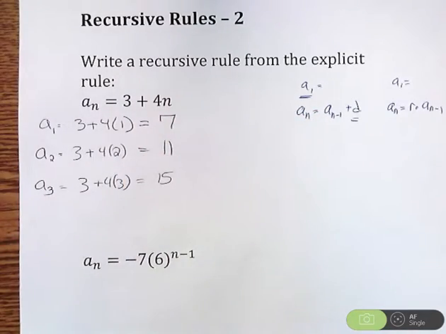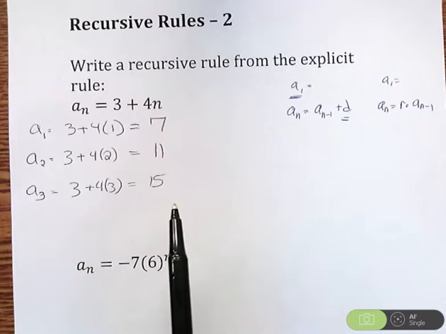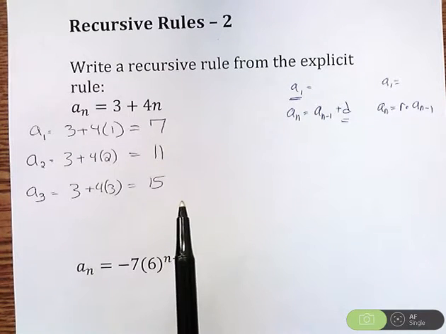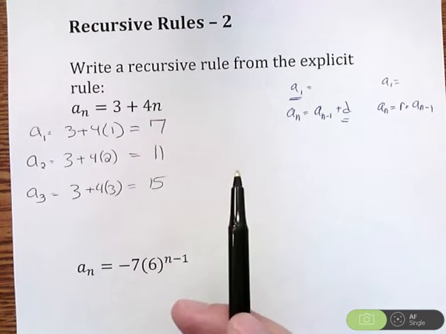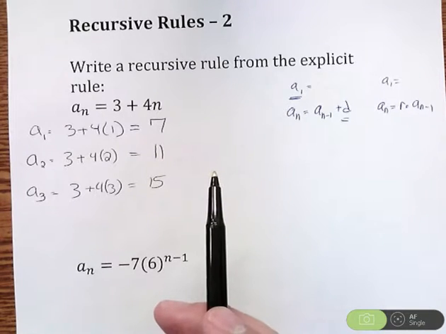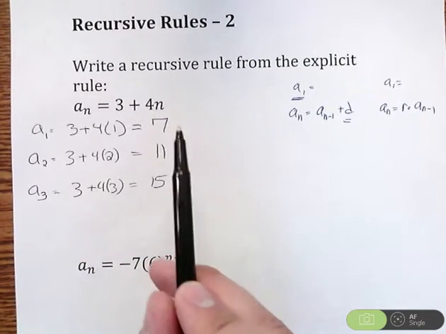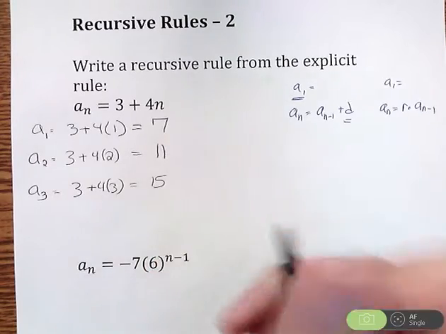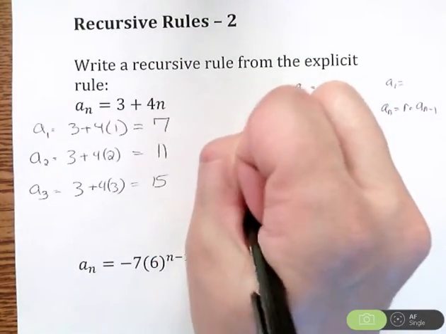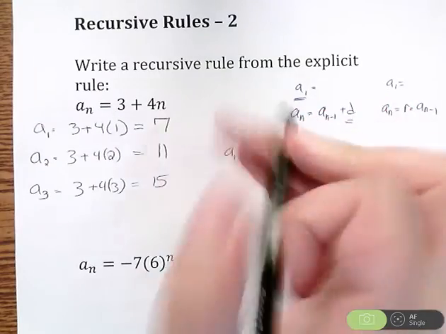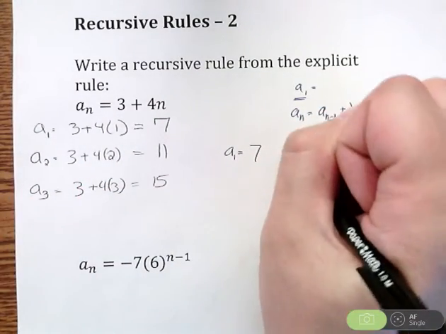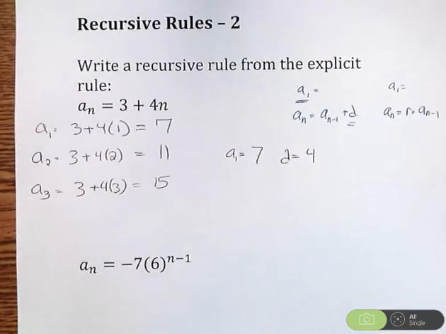Looking at those first few terms, I go from 7 to 11 to 15. So I can get a sense of arithmetic or geometric, and this is arithmetic. It increases from 7 to 11 to 15, so I know not only that A1 is 7, because that's the first term, but also that d is 4.